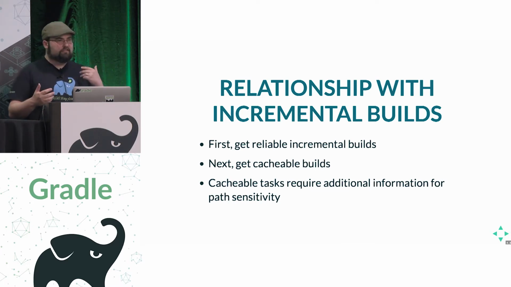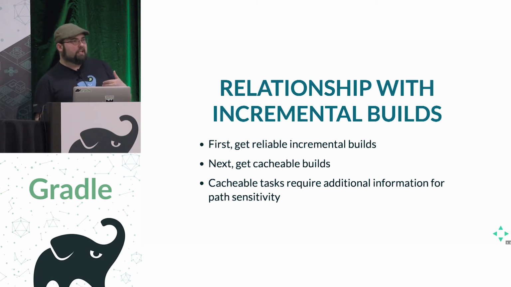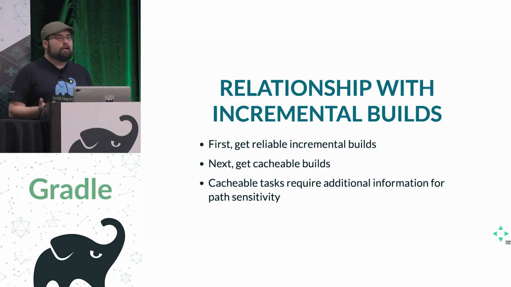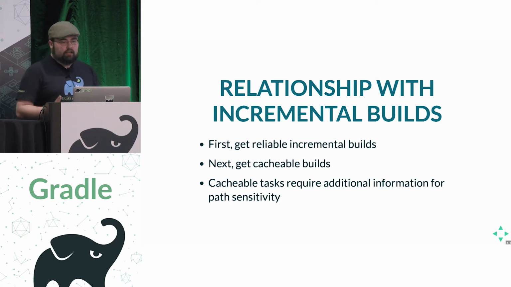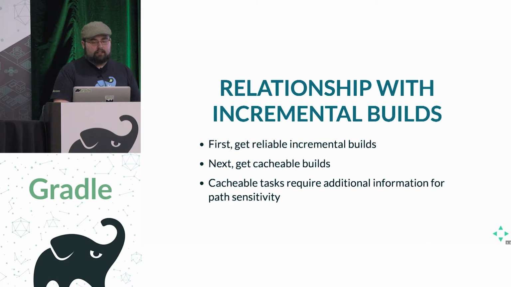If your builds, one after another, are sometimes up to date and sometimes not up to date, that's a sign that there's something going on in your build that's not making it reliable. You'll see that same problem magnified with the build cache, where you just won't get very many hits. So what we say is that the first thing you need to do is get incremental builds, and then once you get incremental builds, you can get cacheable builds pretty easily after that.